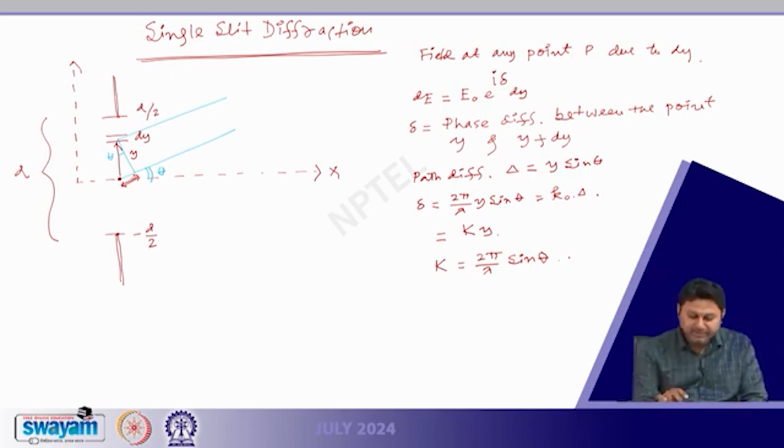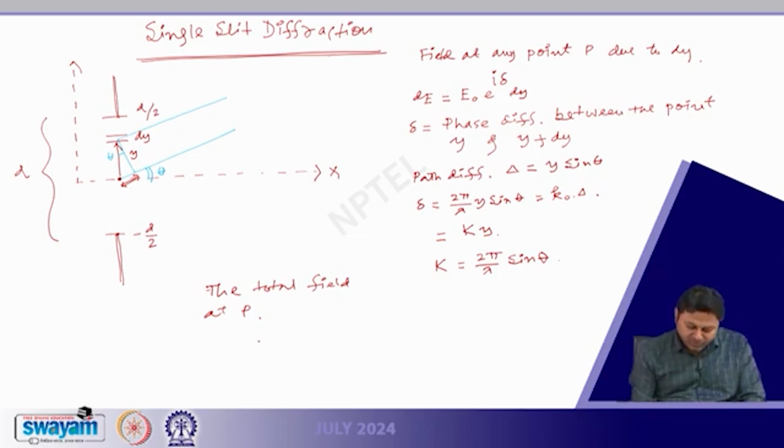The total field, that is the goal of our problem, the total field at some point P will be the superposition of all the contributions, and the superposition of all the contributions means I need to integrate this field over the range of d.